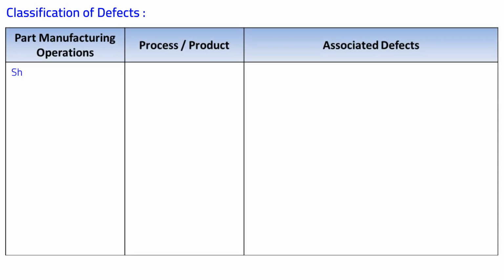Powder metallurgy and metal injection molding. These two processes are covered under particulate processing.